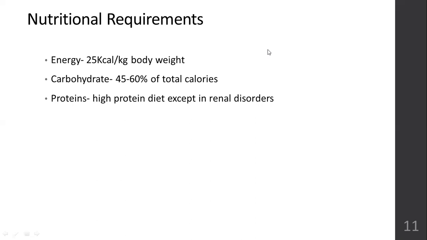High protein diet, especially if you don't have any kidney disorders. If you have kidney disorders, protein intake is very controlled. You have to control your protein intake, otherwise your creatinine levels and urea levels will be out of whack. So high protein diet except in renal disorders.